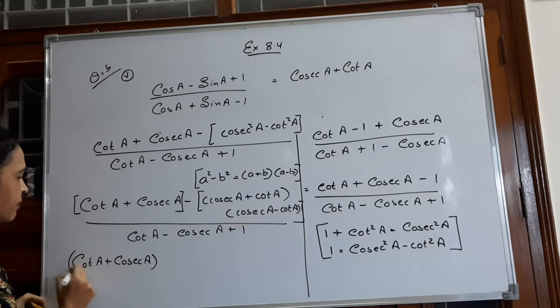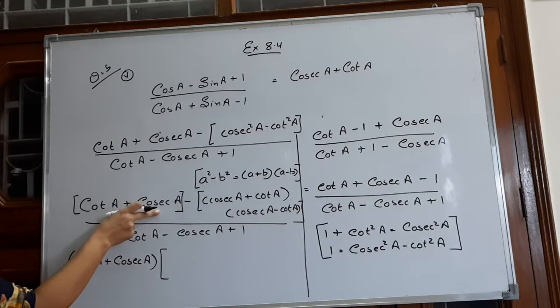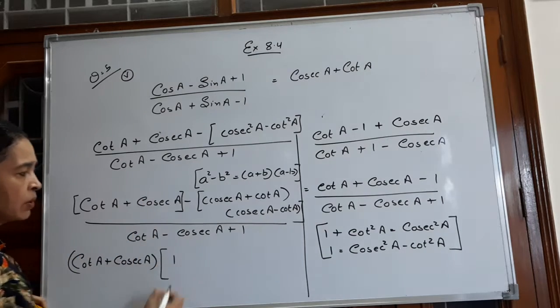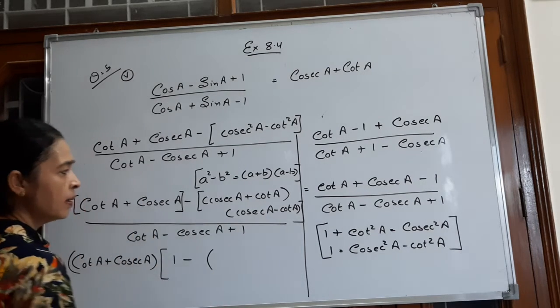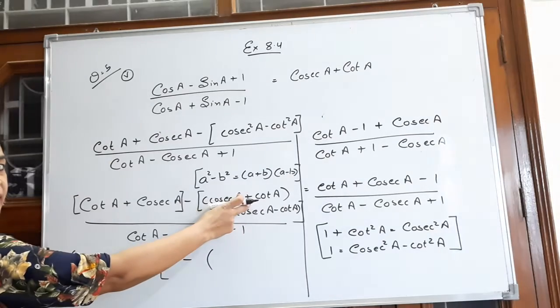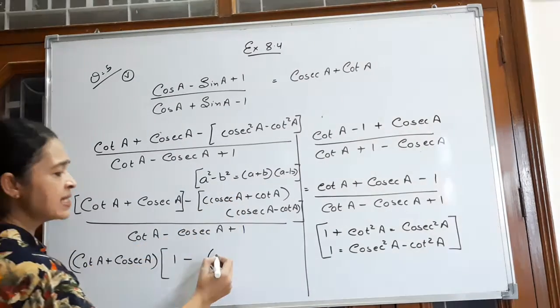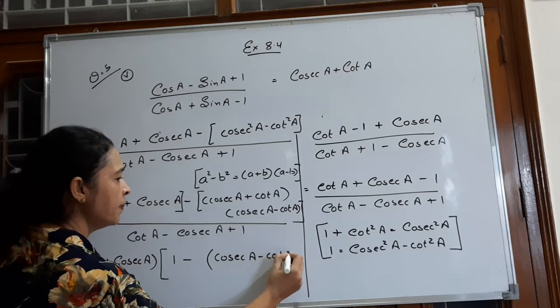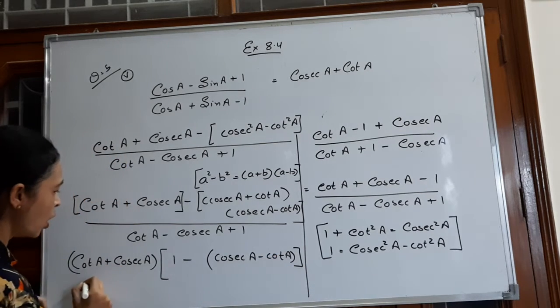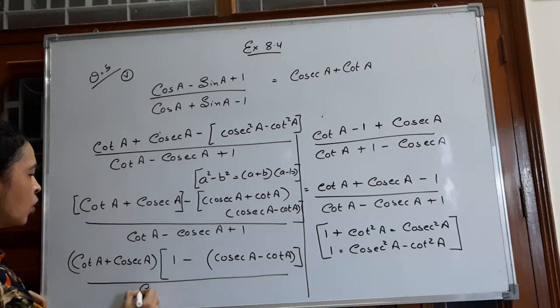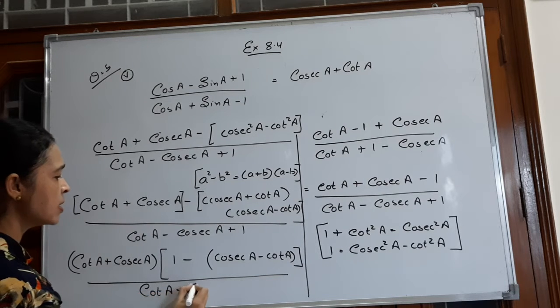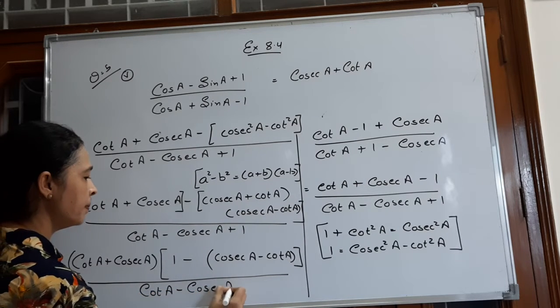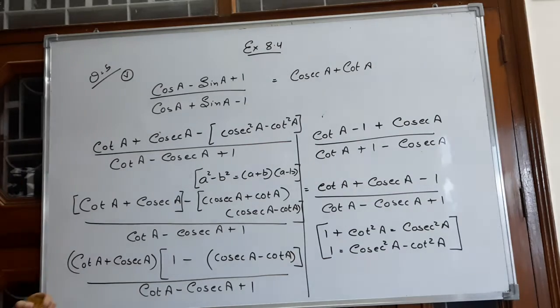What is left inside? This whole term is taken as common. What is left? 1 minus, put a bracket, this is taken as common, what is left here, cosec A minus cot A, upon cot A minus cosec A plus 1. Clear?